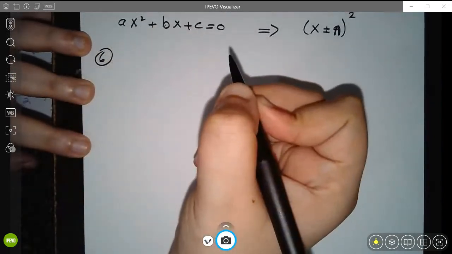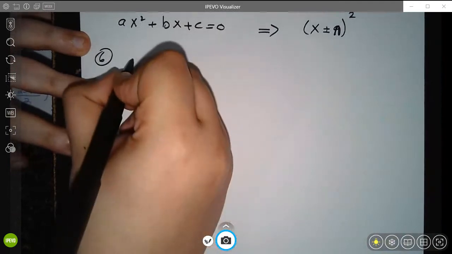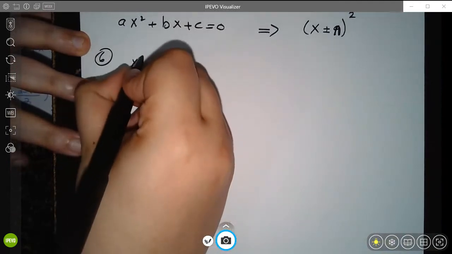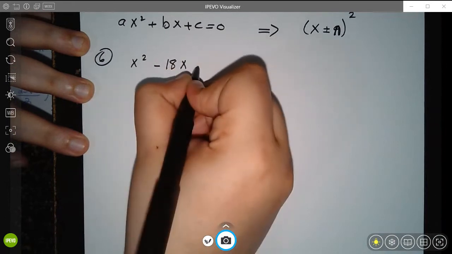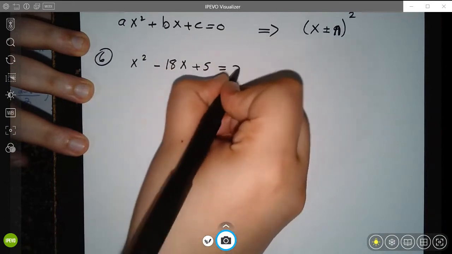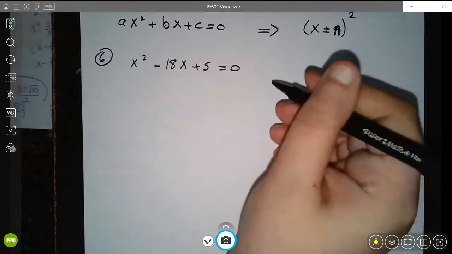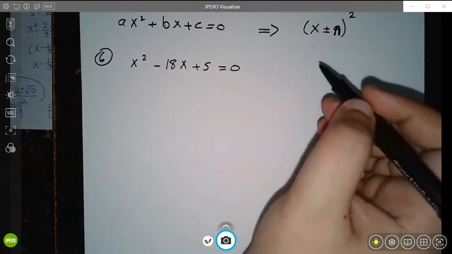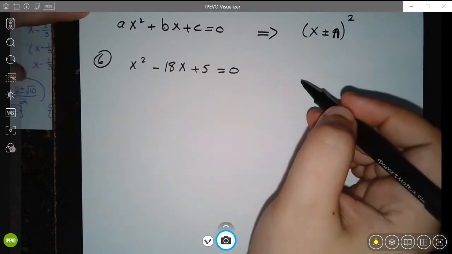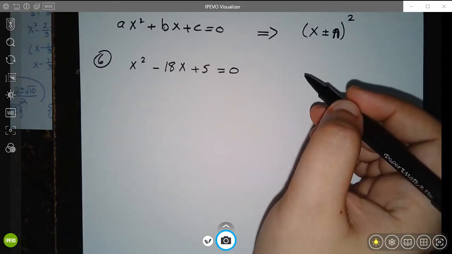Number 6. The example says x squared negative 18x positive 5 and it equals 0. And I've had a student ask me once, why would I want to do this when I could just factor? It's because sometimes factoring isn't so easy.